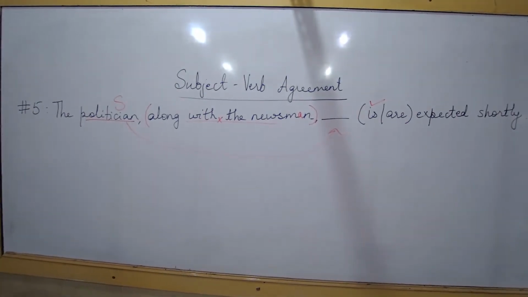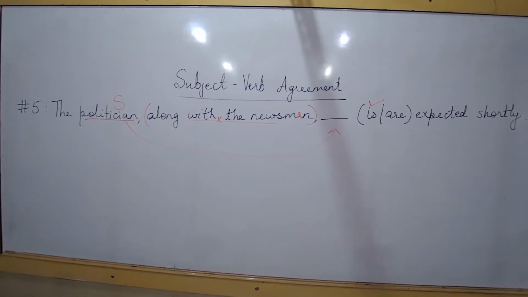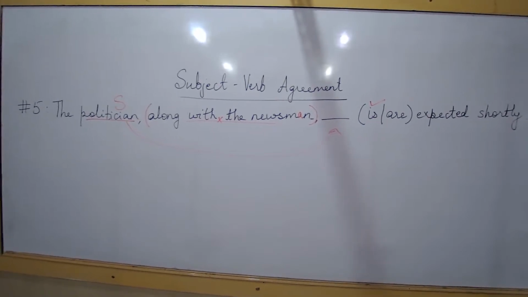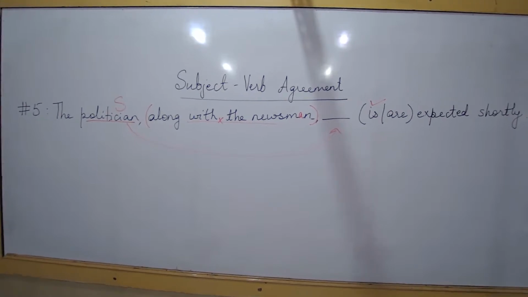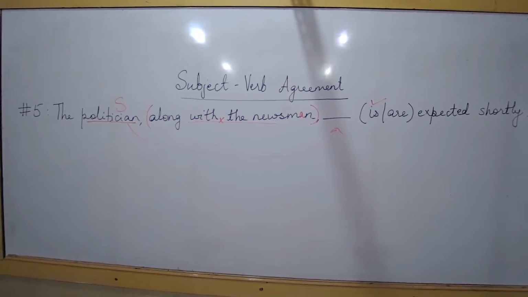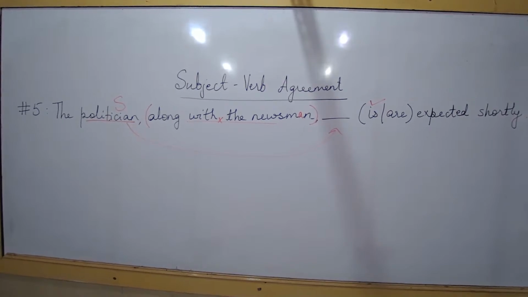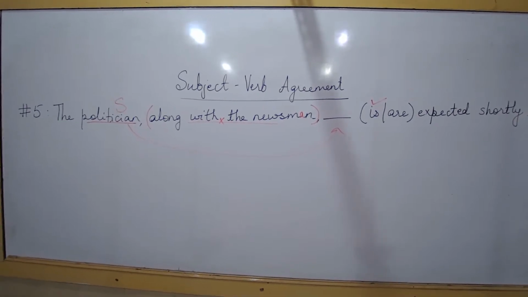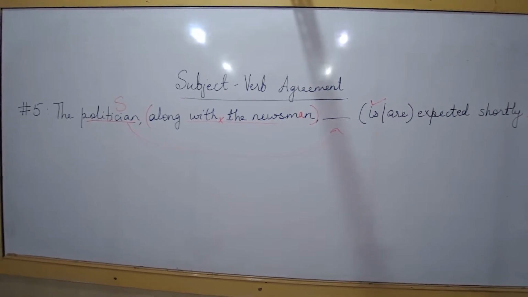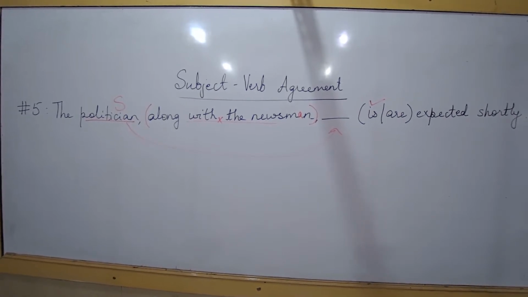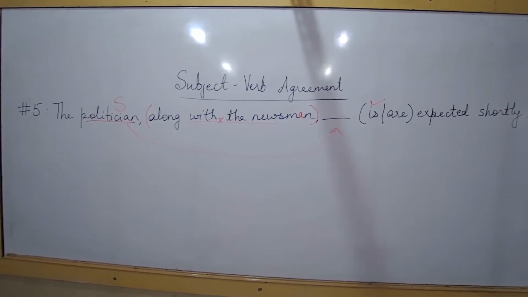Rule number 6. In sentences beginning with here or there, comma, the true subject follows the verb. Write the sentence.